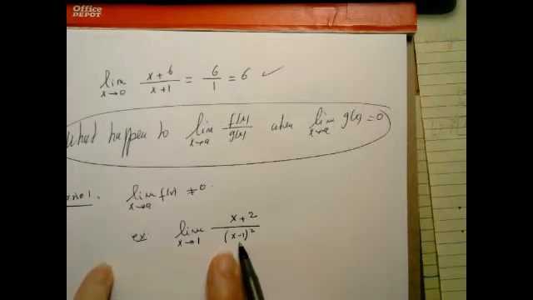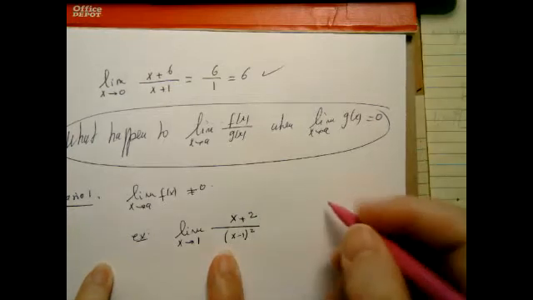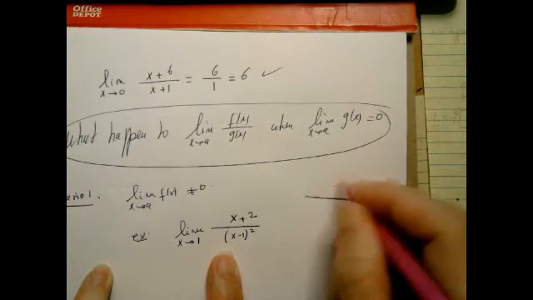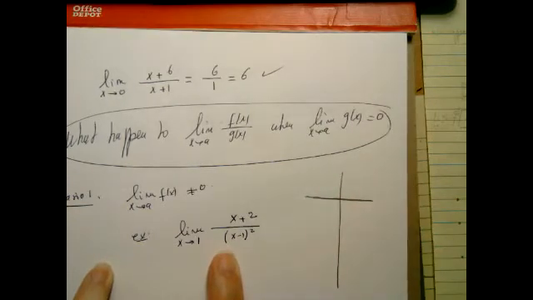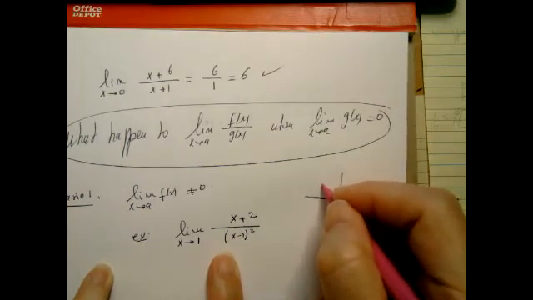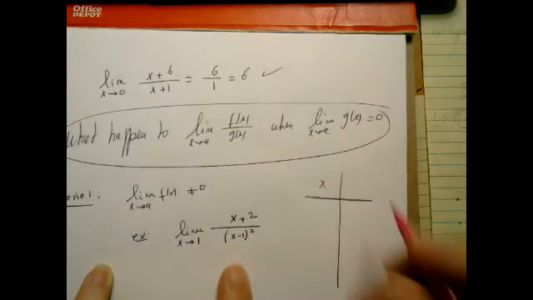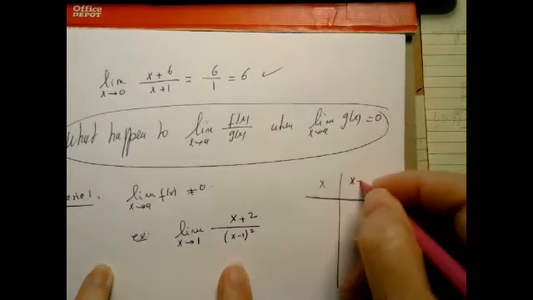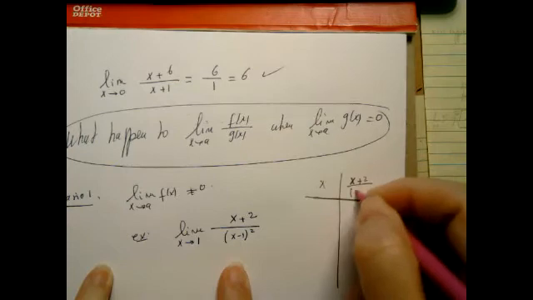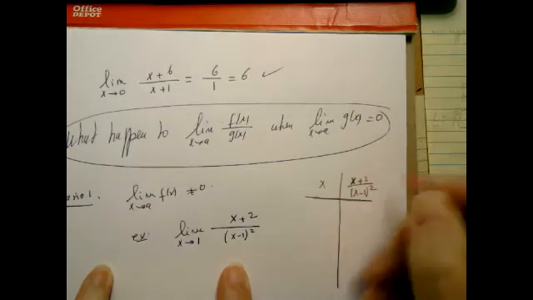What's going to happen in this scenario? Let's think a little bit about it. I'm going to take a small table, and then I'm going to figure it out. So here I'm taking the values of x, and here I take x plus 2 over x minus 1 squared.